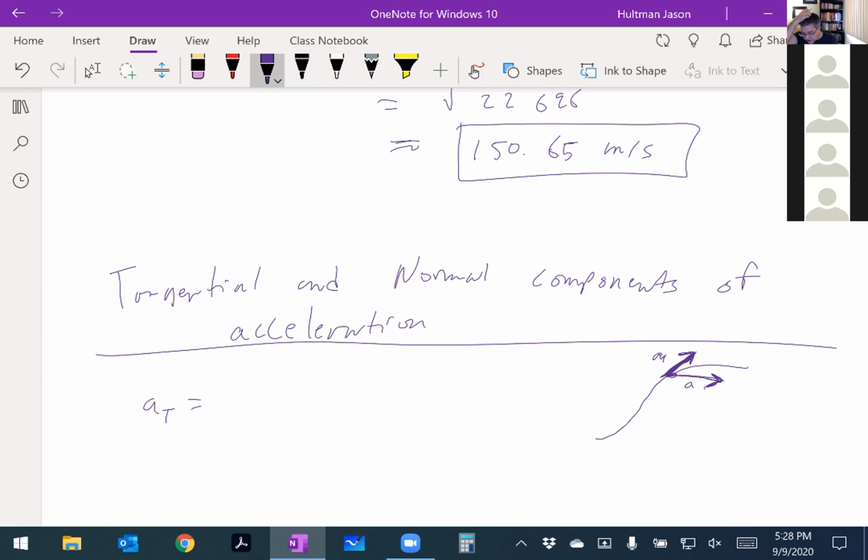And then what's orthogonal to the tangential is the normal. It's not orthogonal to the original acceleration, but it's orthogonal to the tangential. These two are orthogonal, and that's A normal. That's the normal acceleration. It's the acceleration component that is orthogonal to the tangential component.